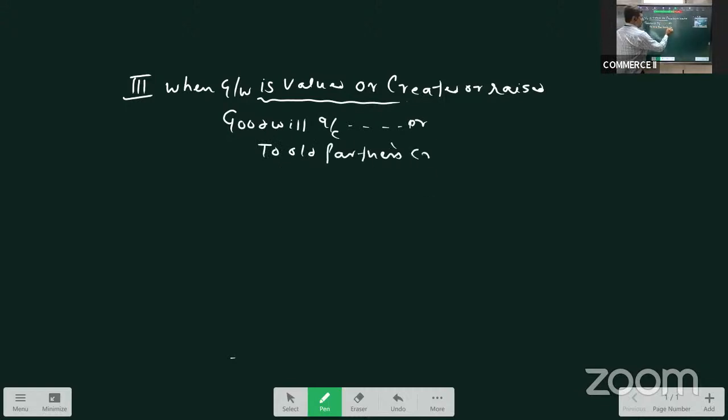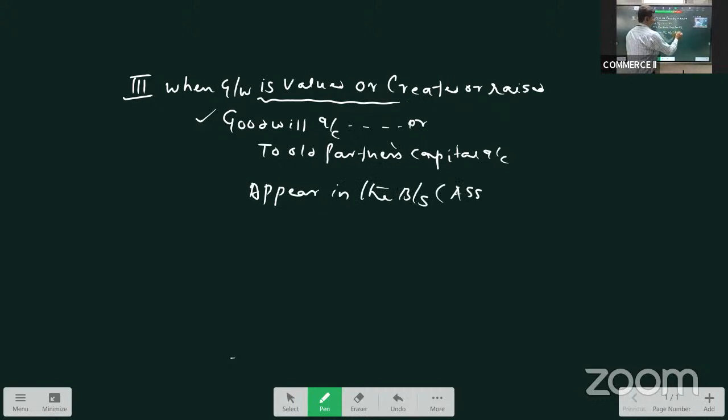And since goodwill is showing debit balance, if you prepare the ledger of goodwill, it will show debit balance. It will appear in the balance sheet on the asset side. Right? So today we are going to do problems based on this method.